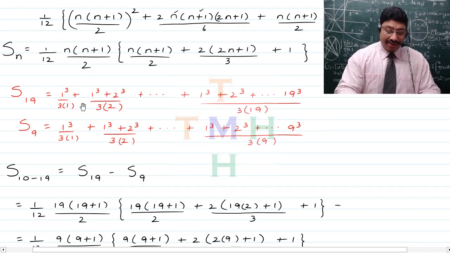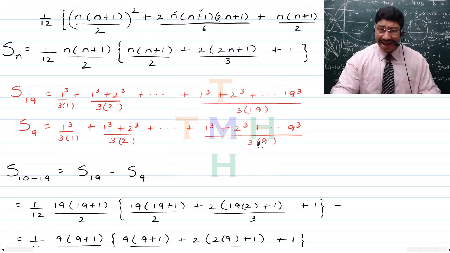Okay, so S19 will be just writing the first term, writing the second term, and going on up to the 19th term, right? And similarly, the S9 is going to be written like first term plus second term and so on, going up to the 9th term, right?